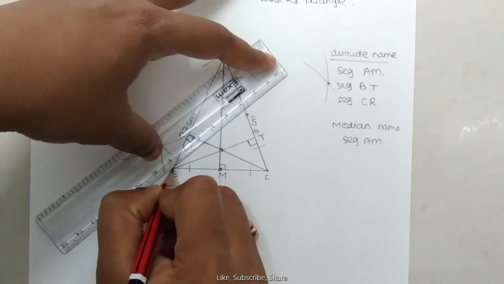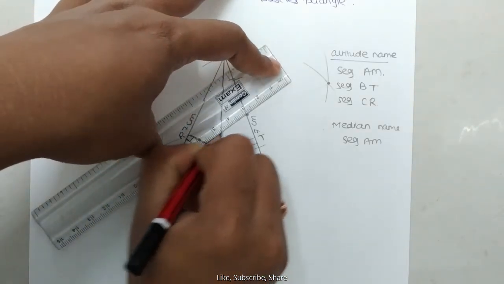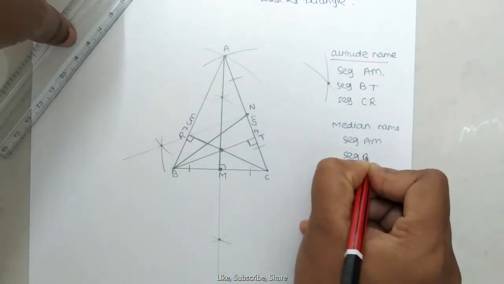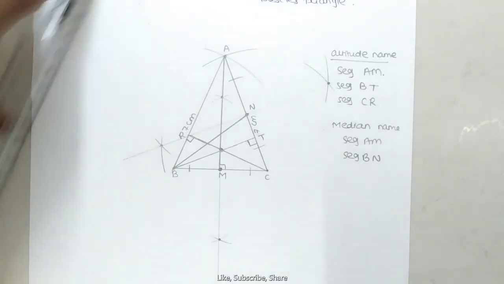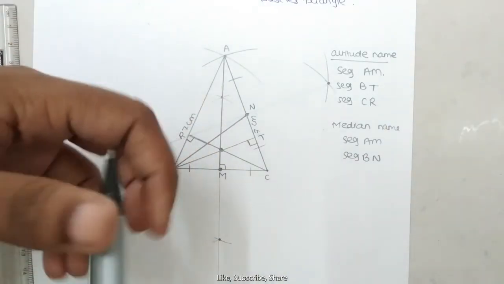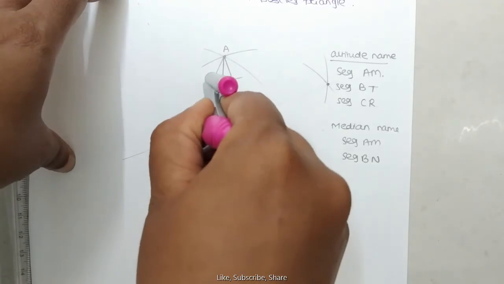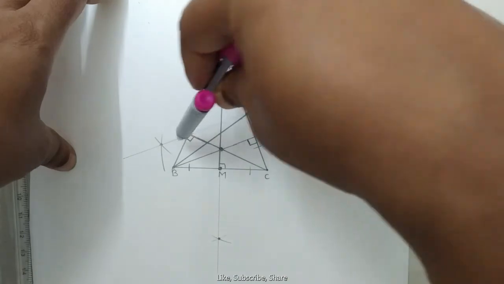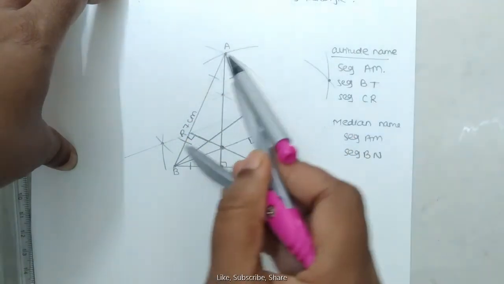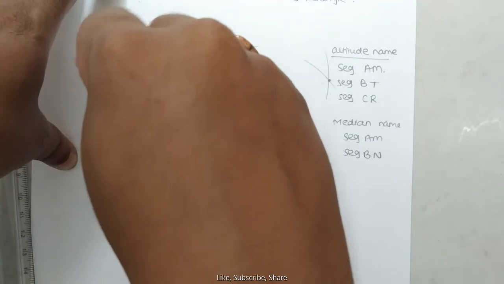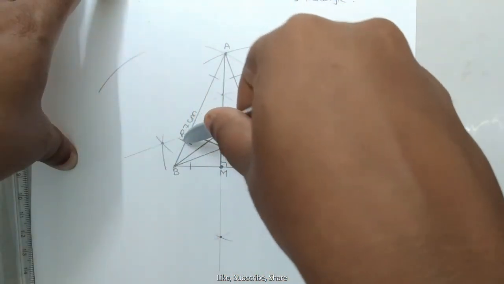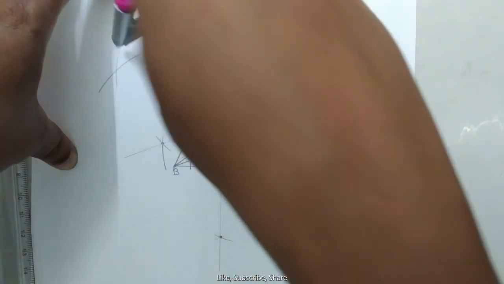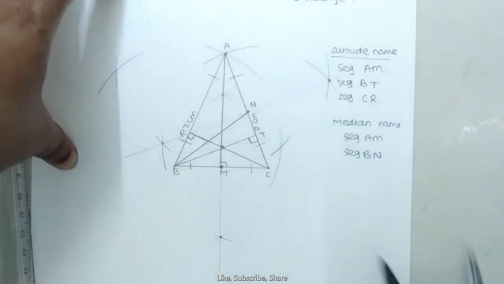Now next, suppose this is N. So segment BN is another median name. Now for this one we have to draw the median. Take more than half distance and cut, join two arcs. Draw one arc here and here, one arc here and here.